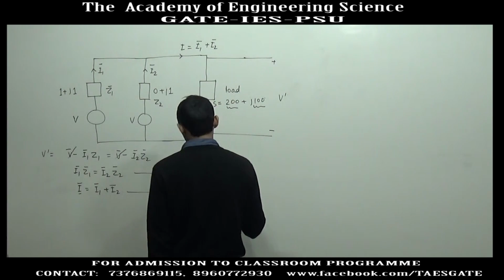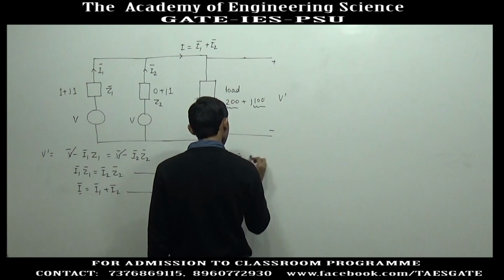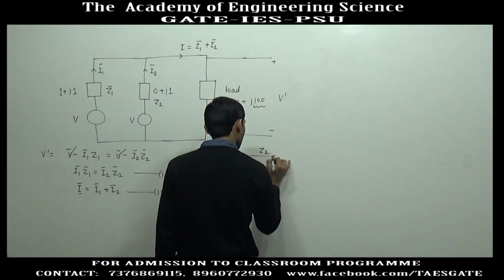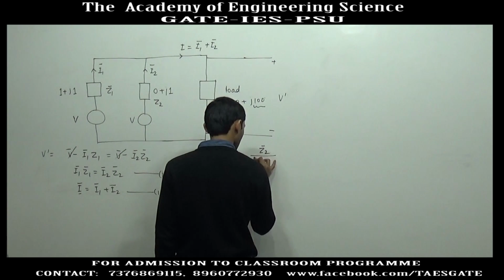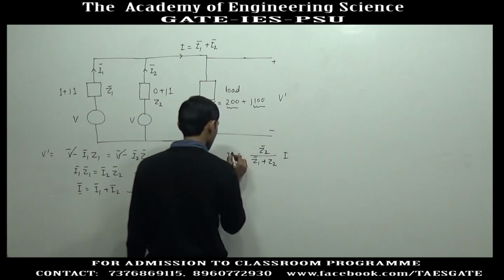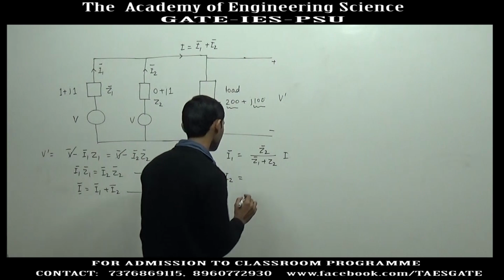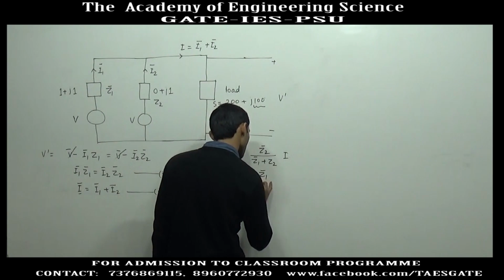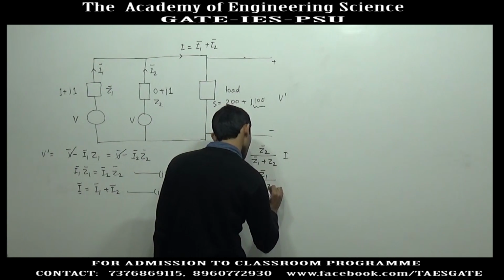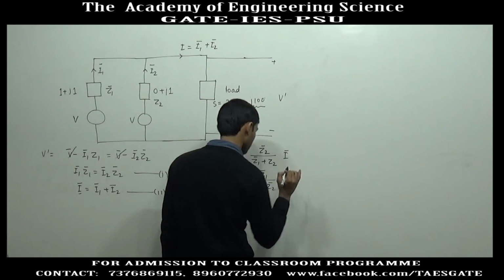By solving these two equations, we get I1 vector equal to Z2 divided by Z1 plus Z2 into the total current, and I2 vector equal to Z1 divided by Z1 plus Z2 into the total current vector.